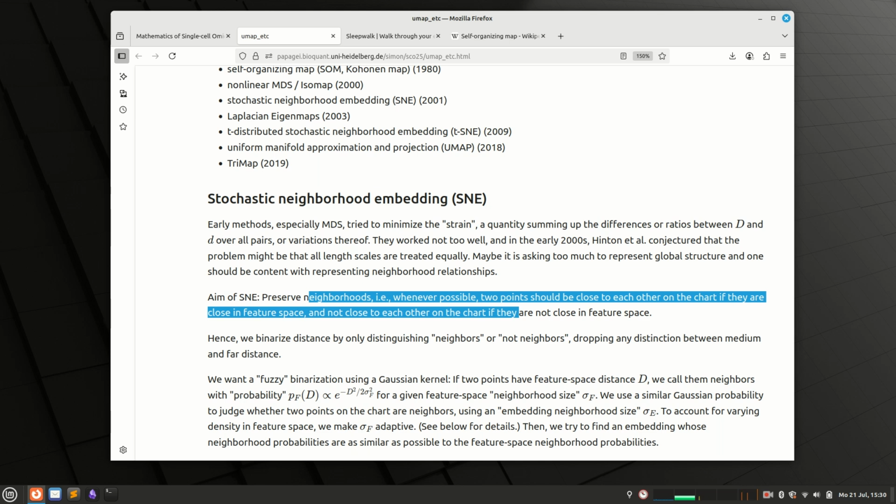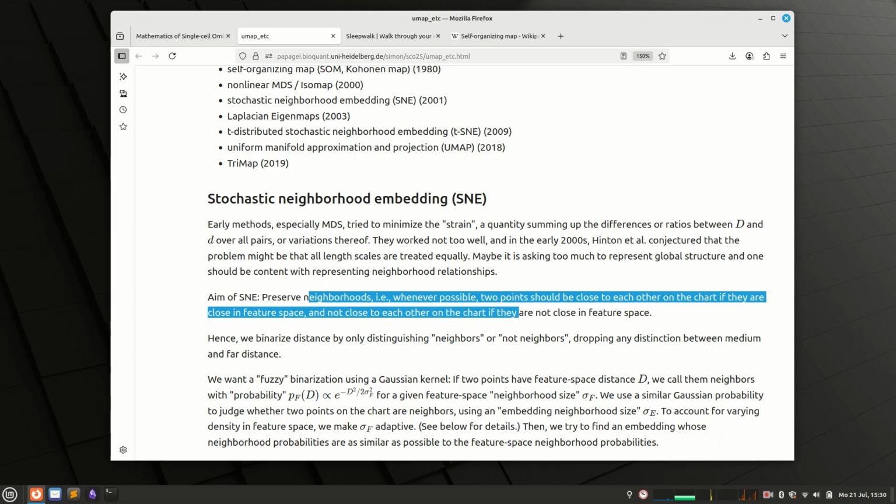In that way, we have some kind of probability score which tells us for any two points whether they should be considered neighbors or not. They call it a probability. I find it a bit hard to wrap my head around what this means. We don't choose, it's more a score about how much they are neighbors. But they treat it like a probability because it allows them to use some useful mathematics.